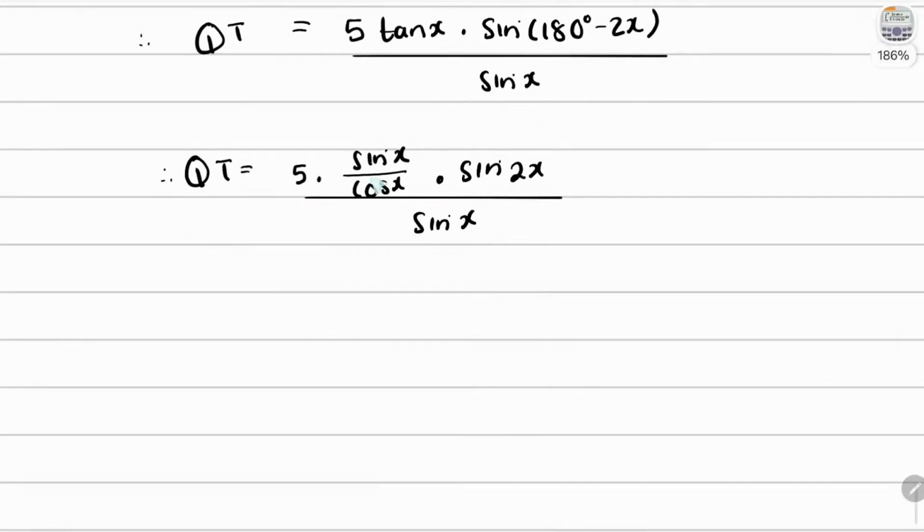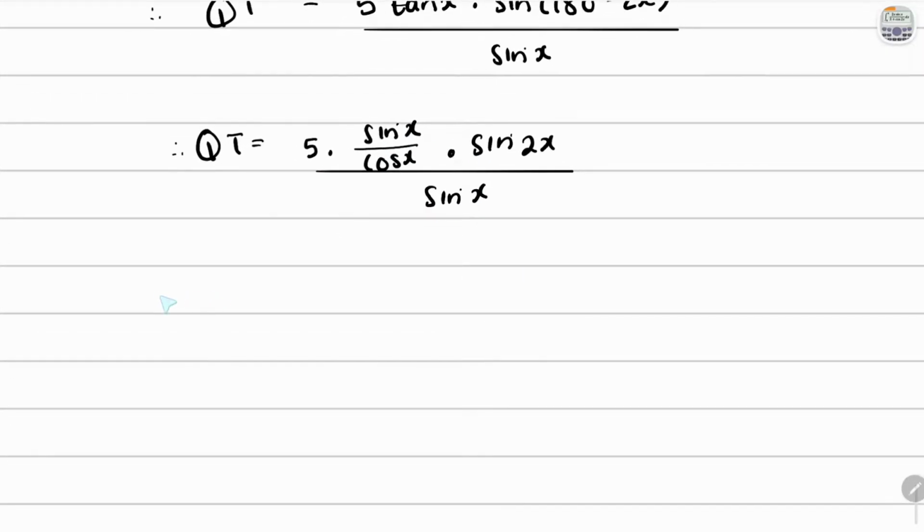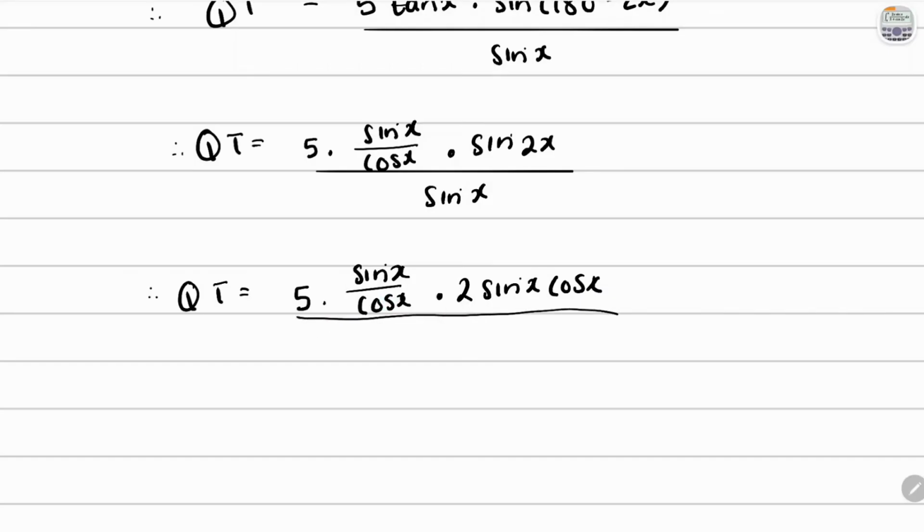Okay, at this point you can cancel out these two in the numerator, but here's another thing we could do just to make this look more simple. We're saying 5 multiplied by, and let's just say that was still left the same, it was still sine x over cos x. Then we could use the double angle identity for sine 2x, which is 2 sine x cos x, and this goes all over sine x.